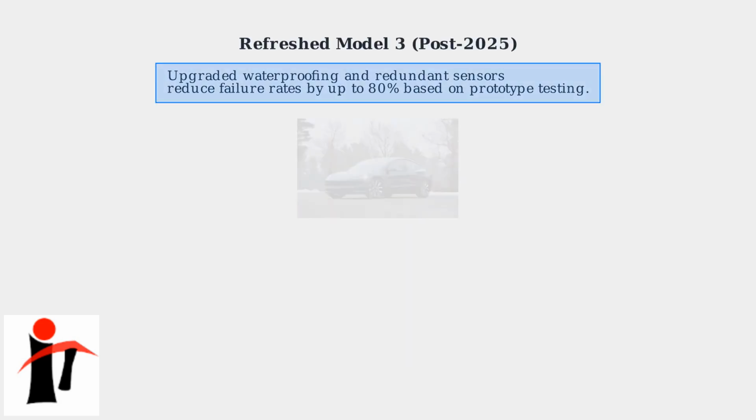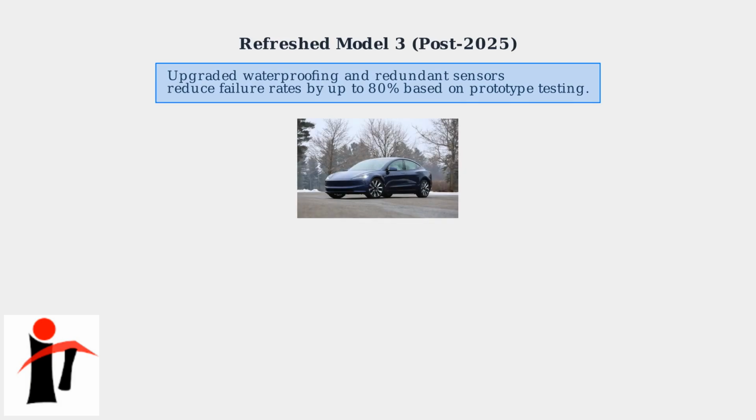Future models like the refreshed Model 3 post-2025 redesign feature upgraded waterproofing and redundant sensors, reducing failure rates significantly. The upgraded waterproofing prevents moisture ingress that causes hardware failures.